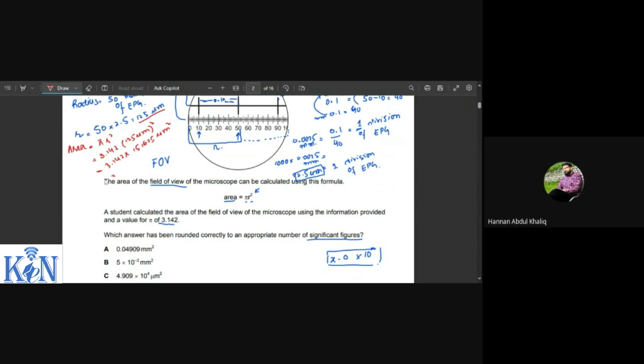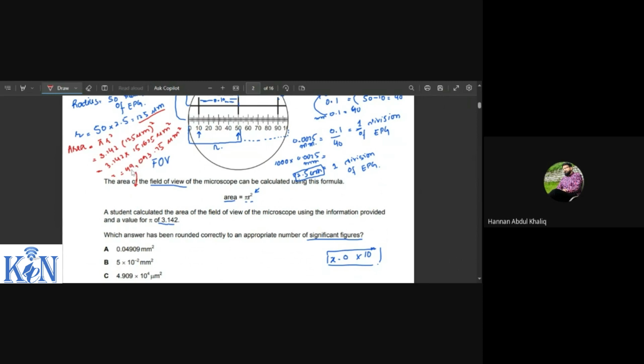Now multiply this: 3.142 into 15,625. The value is coming 49093.75 micrometer square. So we need to convert it into the standard form.